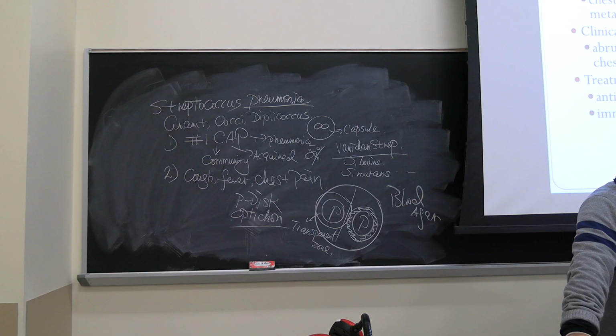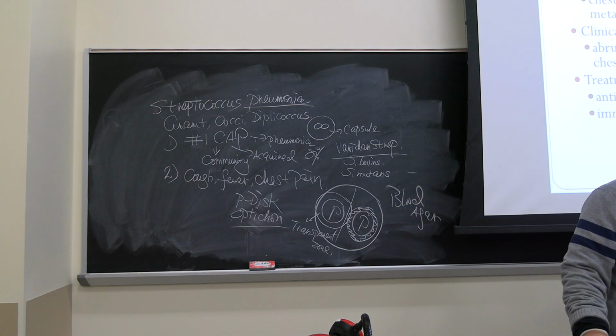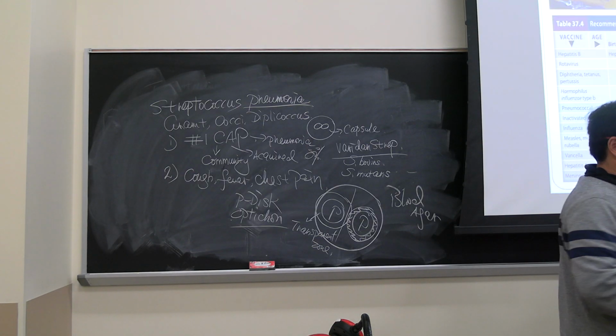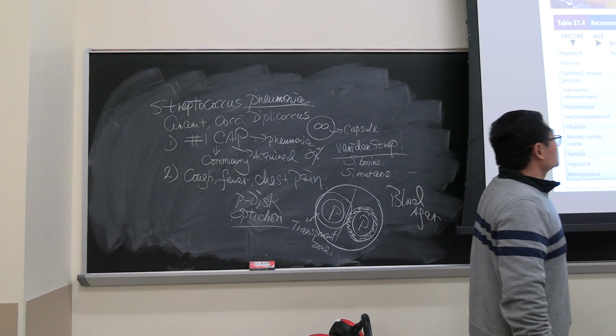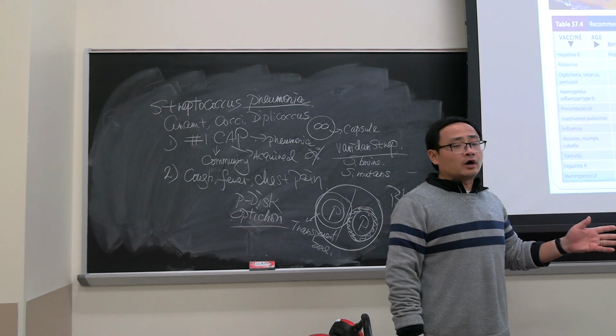What are we going to do? Antibiotic therapy, immunization. I do not think a lot of people do immunization for this one, but we do have it. If you want to see PCV, the PCV vaccine is developed, but that is the optional one.